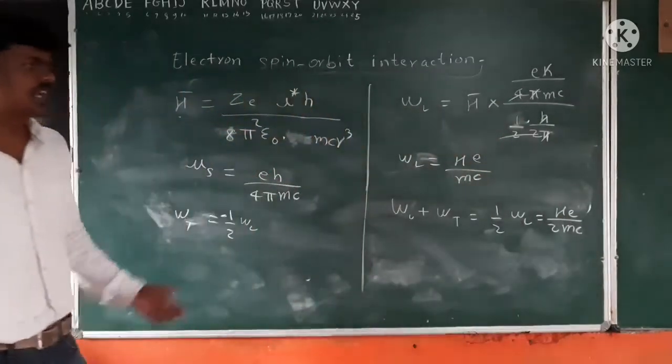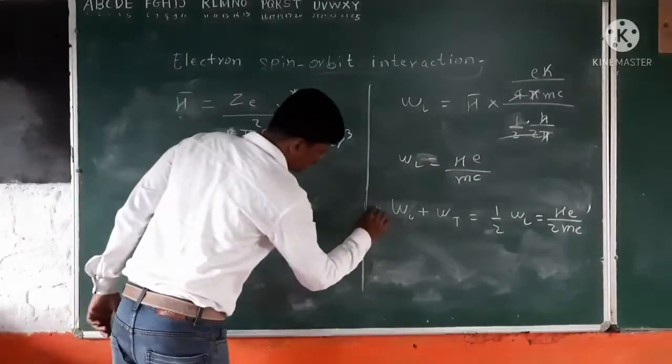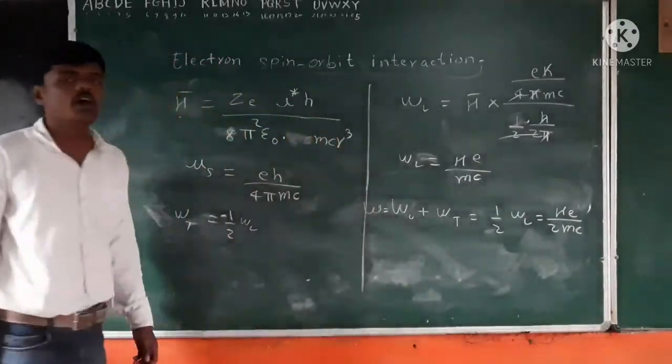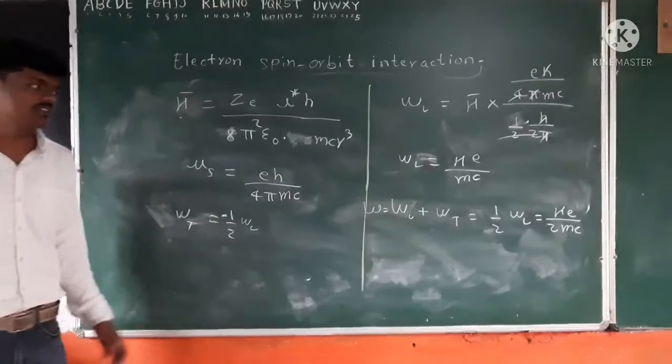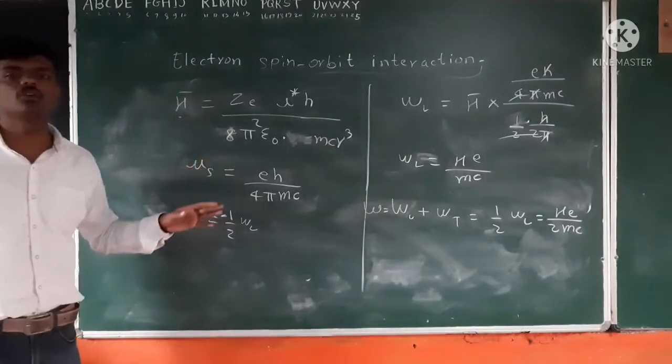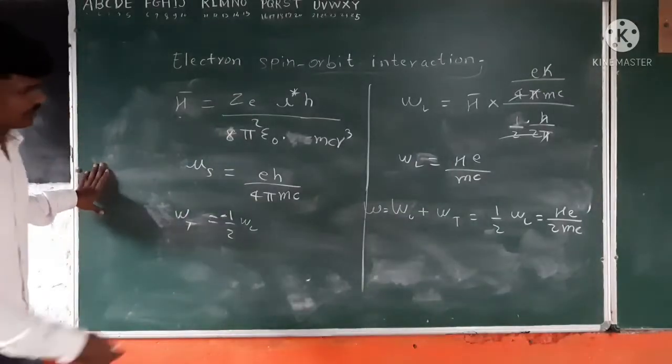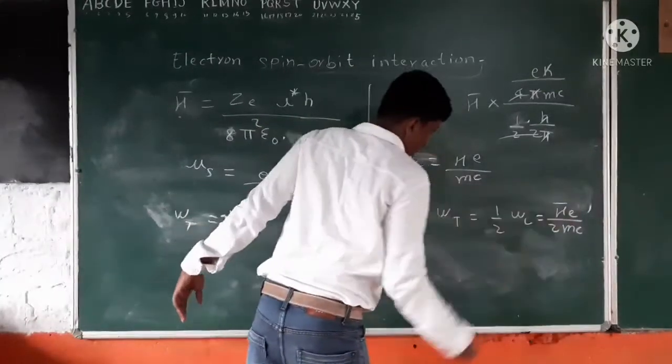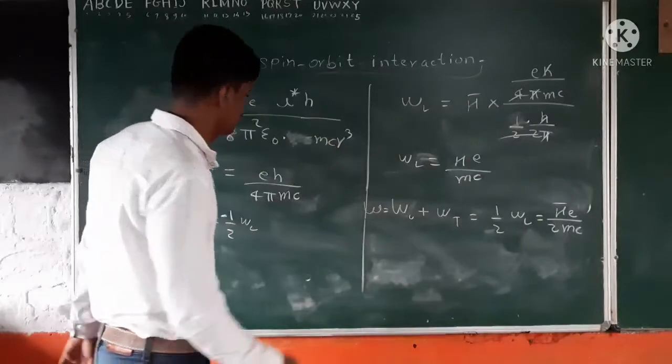So that is the resultant omega, which is nothing but the angular precessional velocity, or we can say the Larmor precessional velocity, which is He by 2mc. So this is H. We have to put the value of H here.